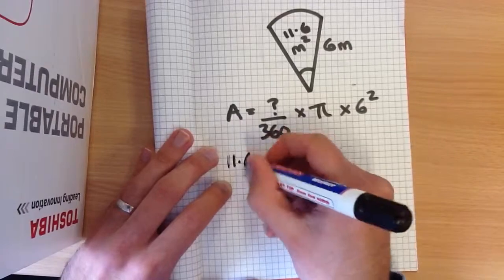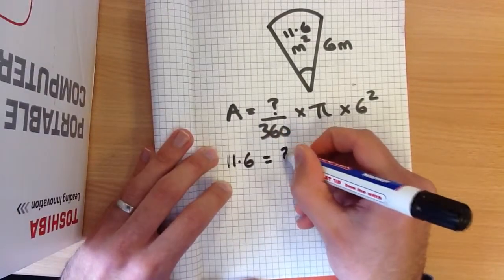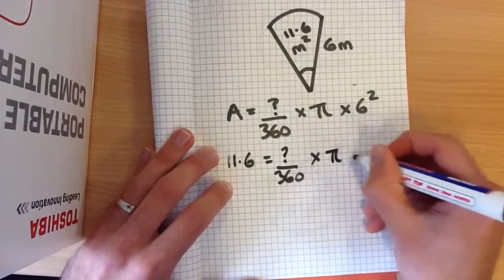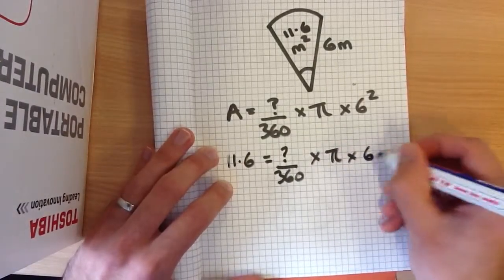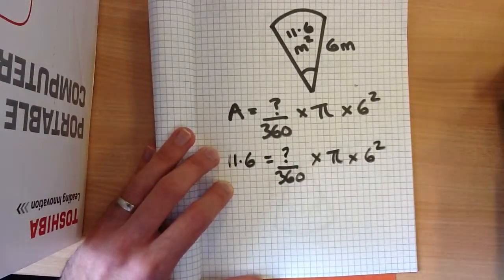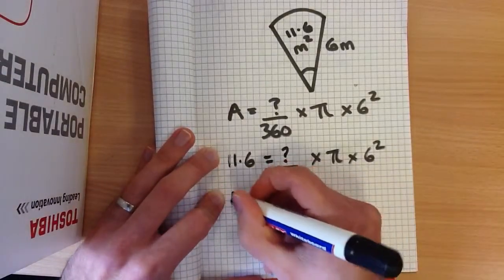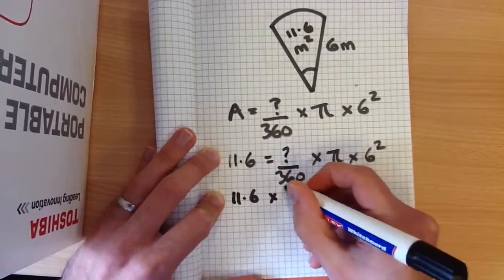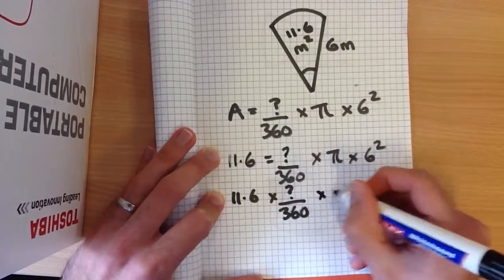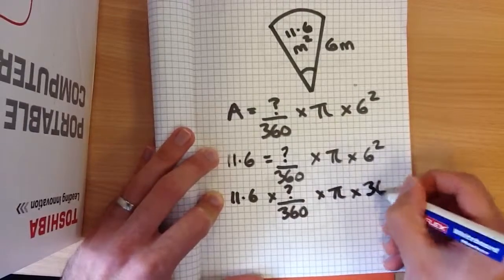So 11.6 equals question mark divided by 360 times by pi times by 6 squared. I'm going to neaten that up a little bit more. So that's 11.6 equals the question mark, we want to know the angle, over 360 times pi times 36.